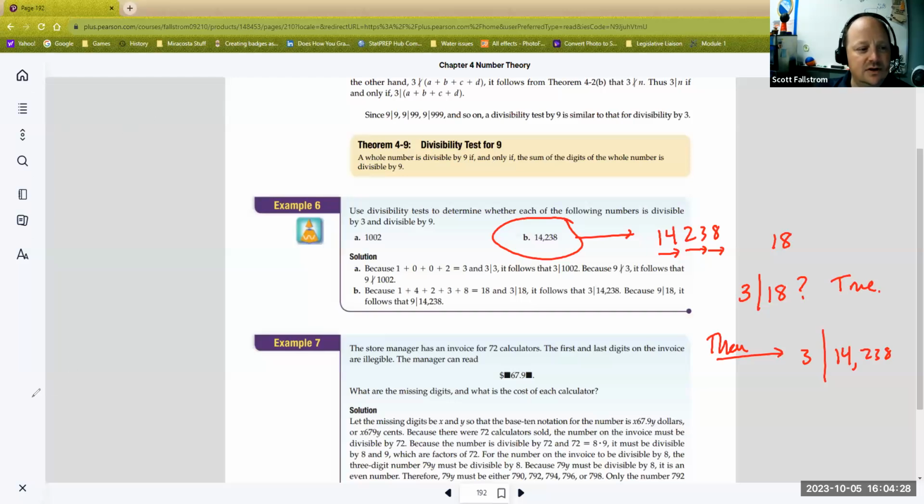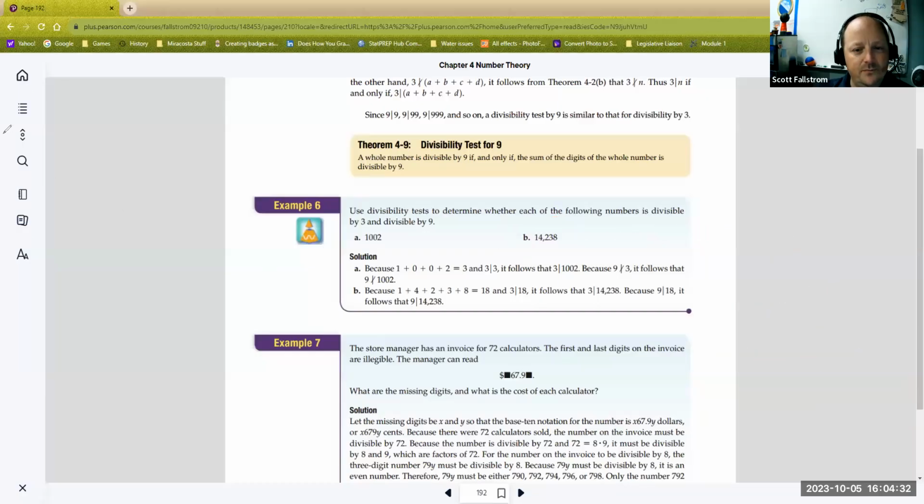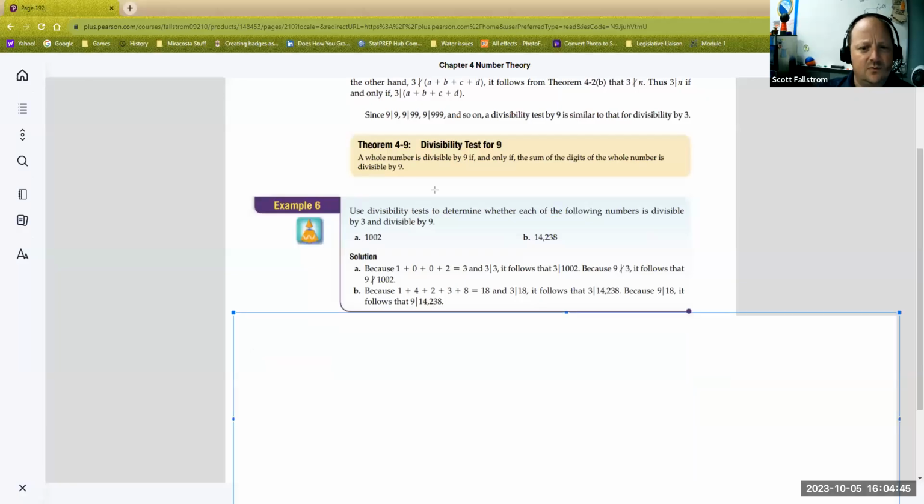So really cool stuff that we get to see as ways to shortcut the work we might have to do. Usually someone says, well, can you show what if I didn't have that tool? What if I had to do it longhand? You could still use the theorems and try to shorten some of your work. Let me jump down here with some white space. You just want to think about what it would look like if I was able to do that.